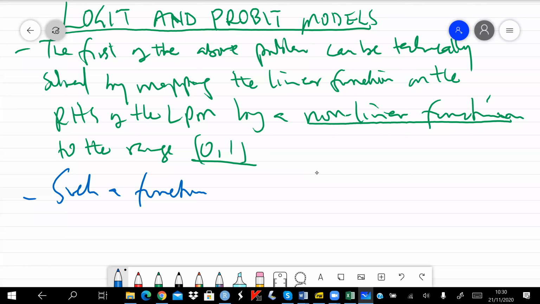Such a function is called a link function.